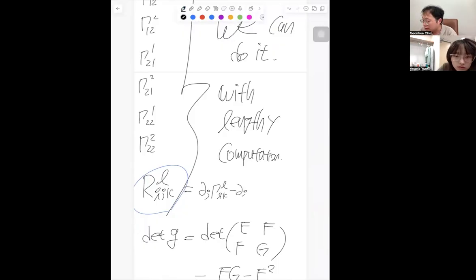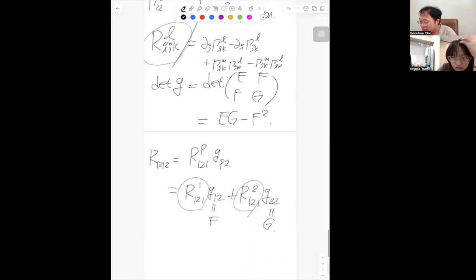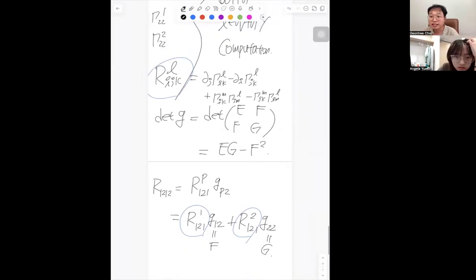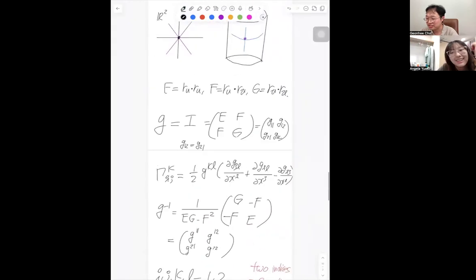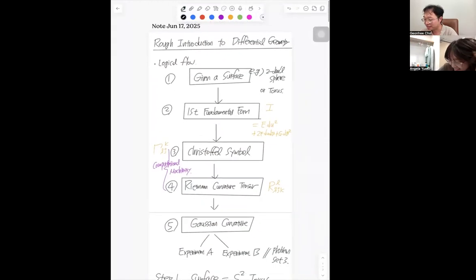Just look at it and copy. Look at this. You know this, then you know this, then you can compute the Gaussian curvature. So this is the logic.